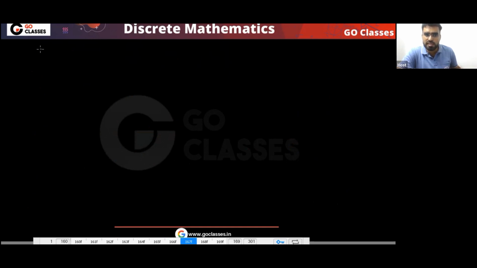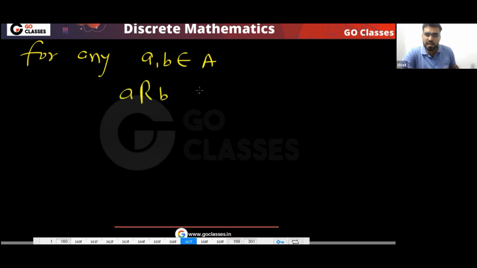For any A, B you take in the base set, you can notice that there is an order between A and B. Definitely either A is related to B or B is related to A. Agree or not?